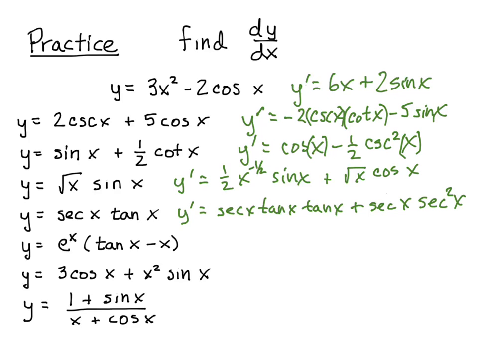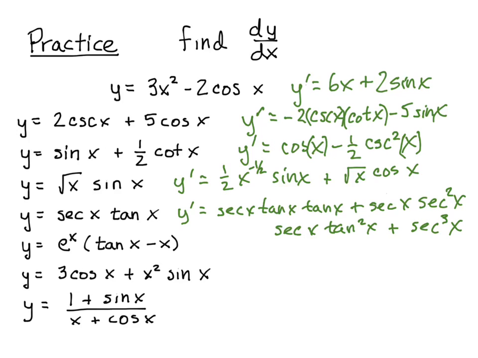And so if we were to simplify that, we can say that this is just the secant of x times the tangent squared of x plus the secant cubed of x. So that's a little simplified way to do it. Notice that we can also factor out a secant of x, and so what we get is the secant of x times the tangent squared of x plus the secant squared of x.